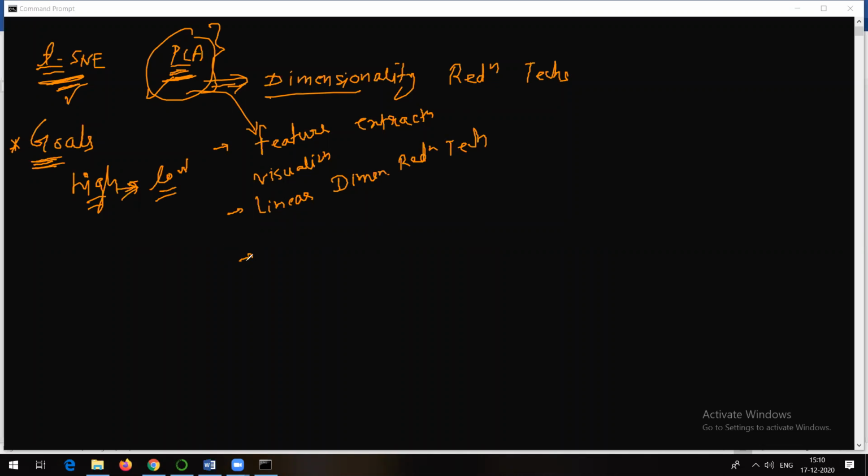It transforms the original data to new data by preserving the variance in the data using eigenvalues.